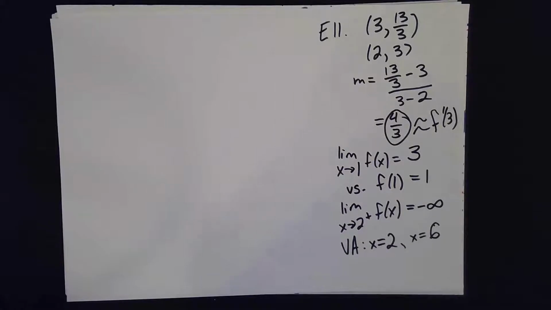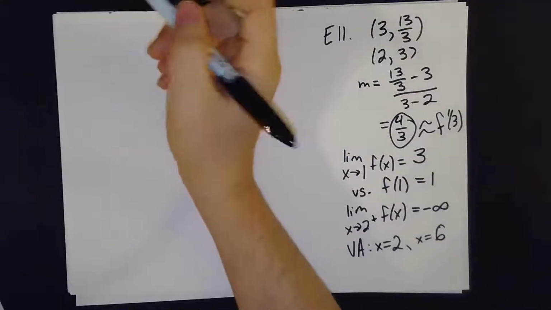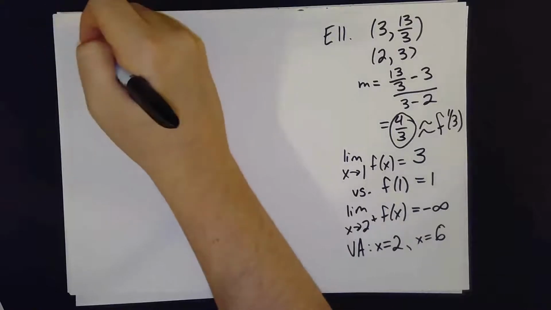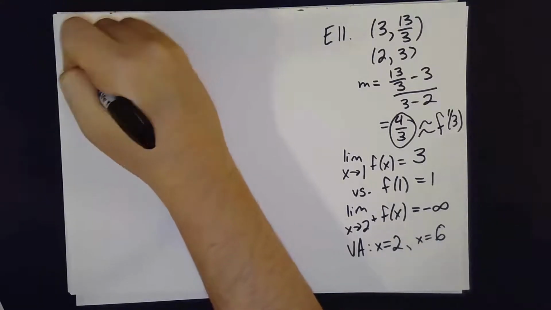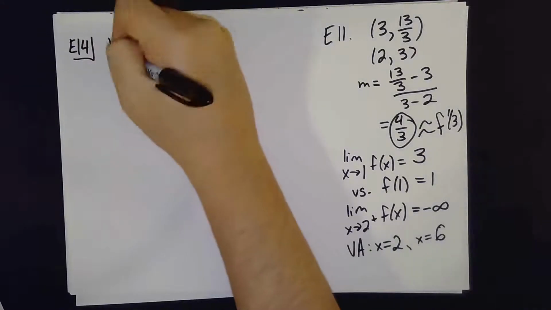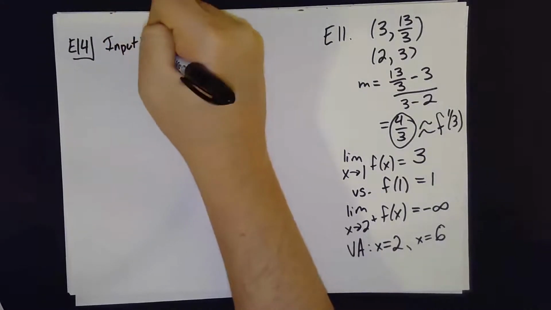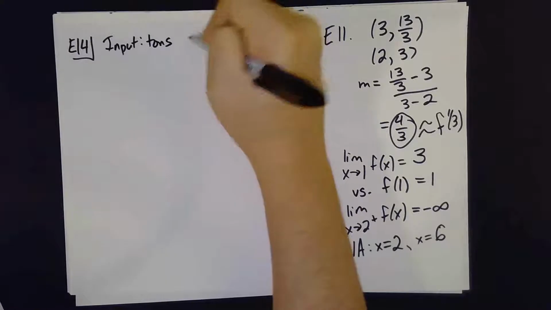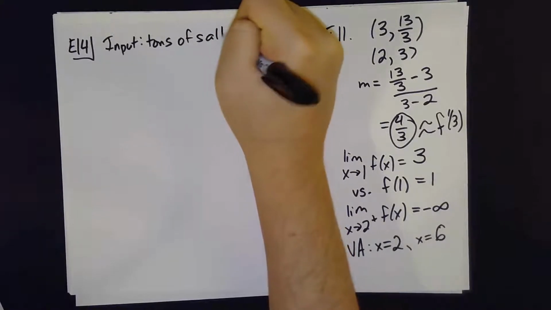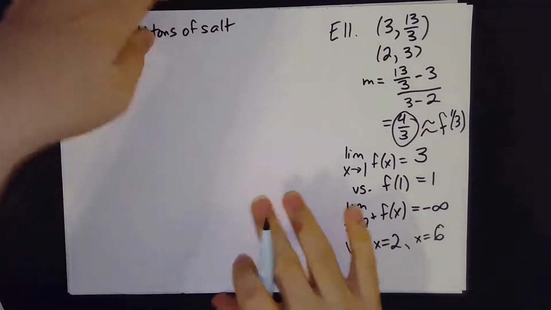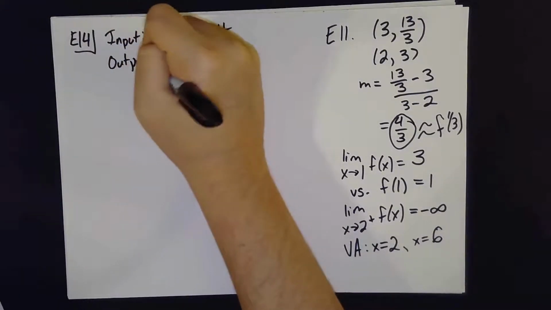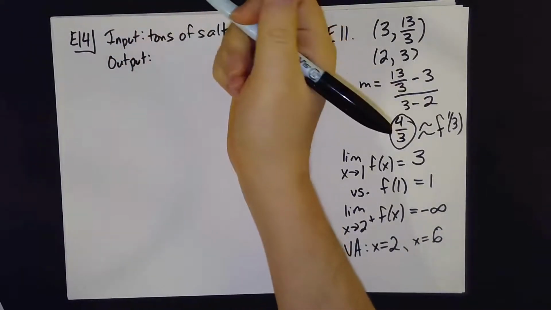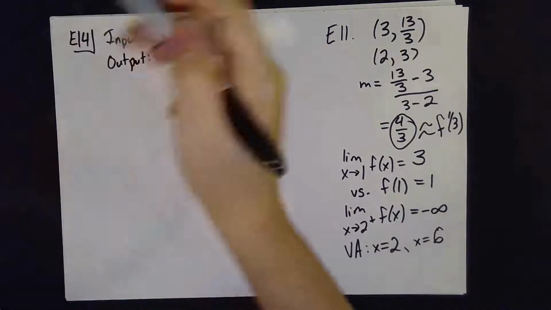So 14E gives us this salt problem. We have this function here where the input is tons of salt, and the output is the cost to make that much salt.